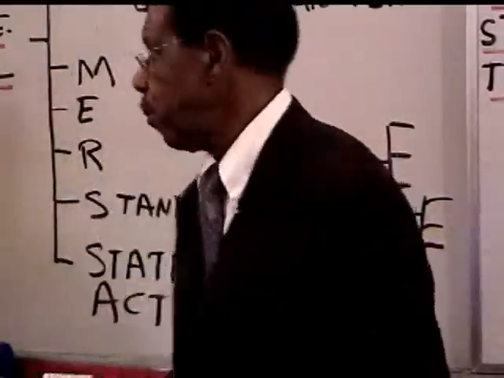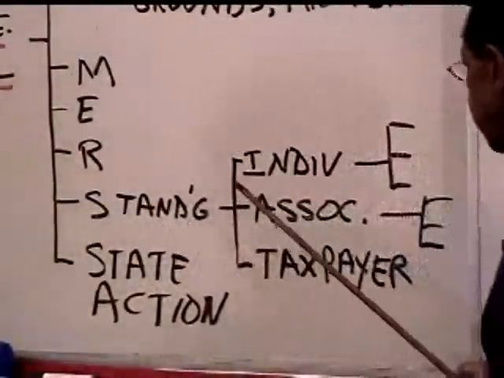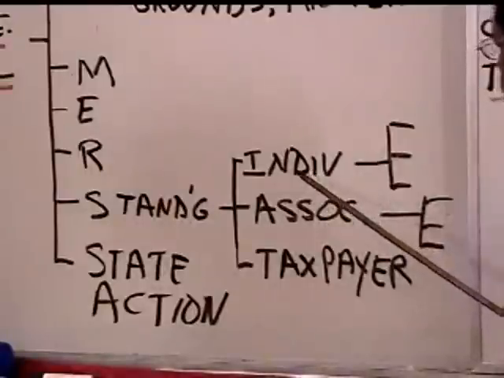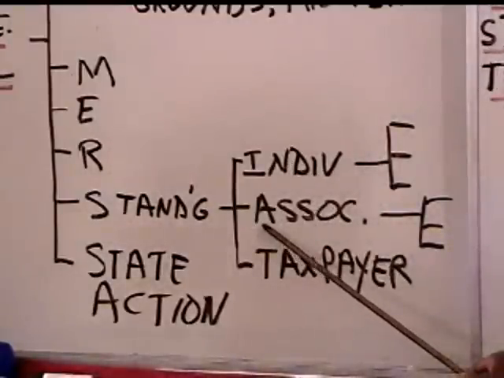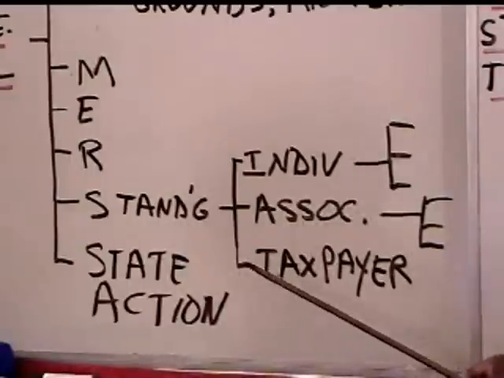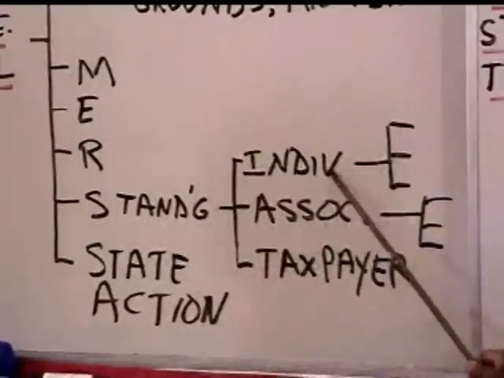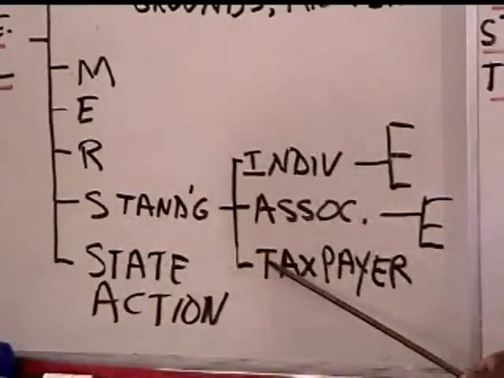The standing, there are cases where individuals have the standing, an association may have standing, and in a few cases a taxpayer may have standing. And you need to know the rules for standing for each of these. Very important.